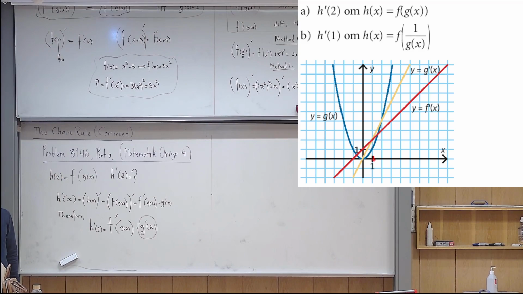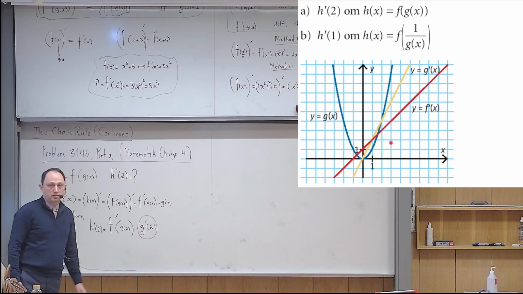Here this is 1, so the next number is 2, because one grid is 1 according to the information. So then I go vertically up, and then I intersect the yellow graph here. And then I read the number here. What is this number? 4, because the grid on the vertical axis is also 1 unit. So if I ask you what is g prime of 2, what is your answer?